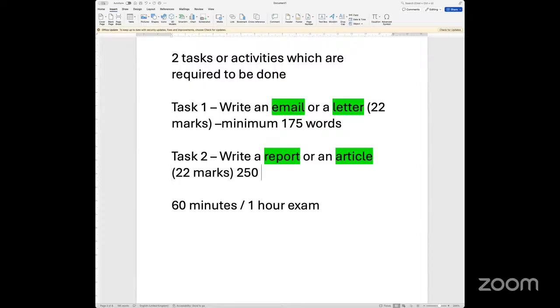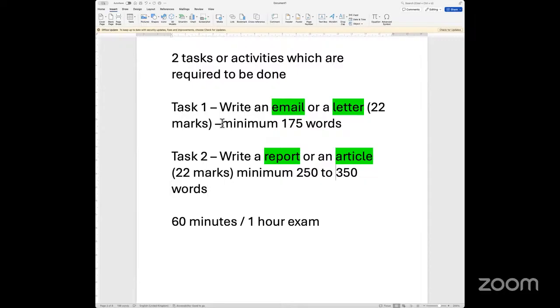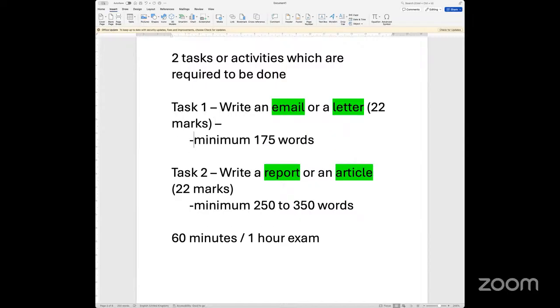And if it's an article or a report, it'll be minimum 250 to 350 words. This is something that you have to keep in mind when you're actually doing these activities, because writing can only be articulated if it has a certain number of words, and that is where your scoring system will essentially work.